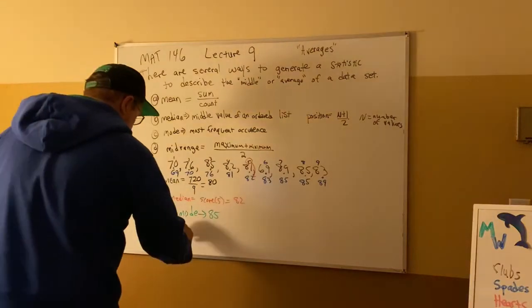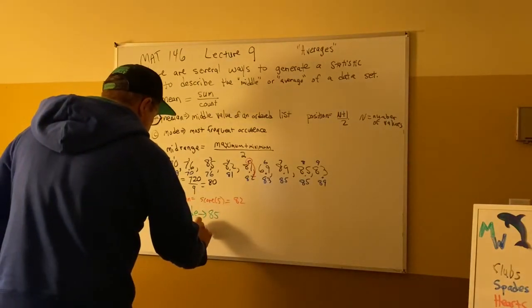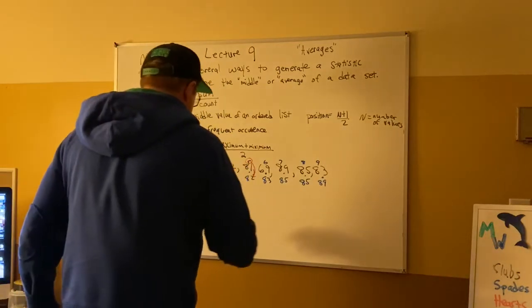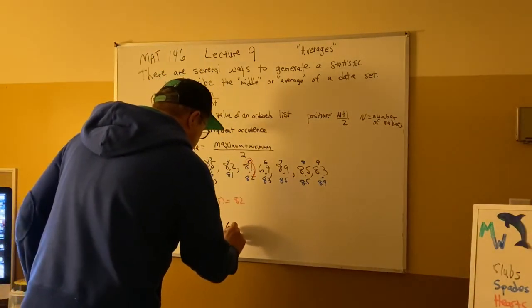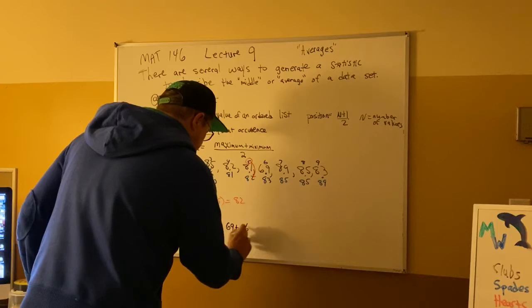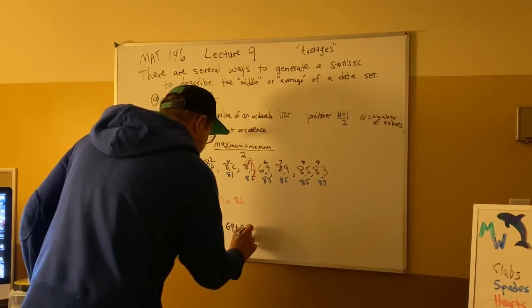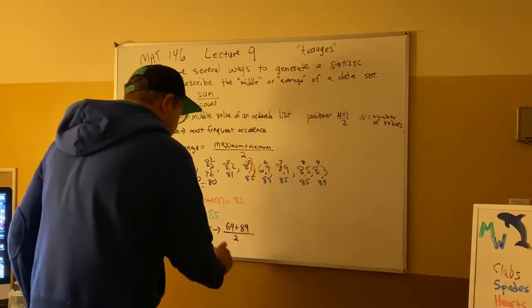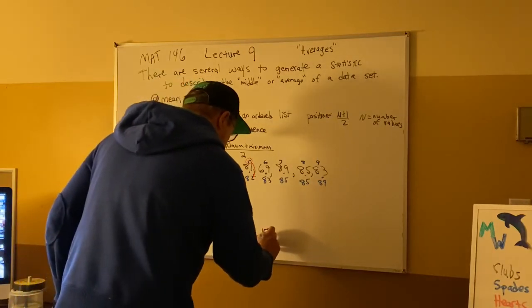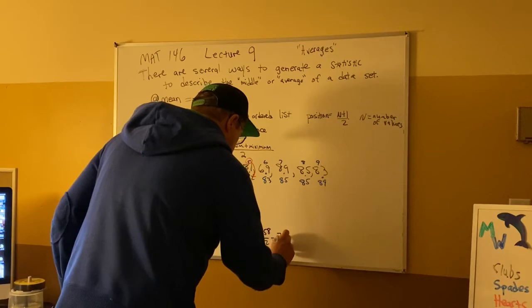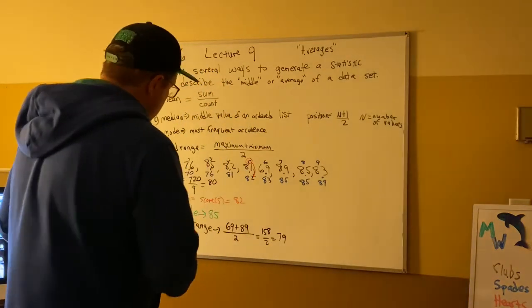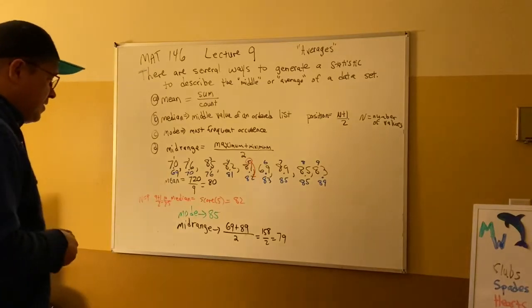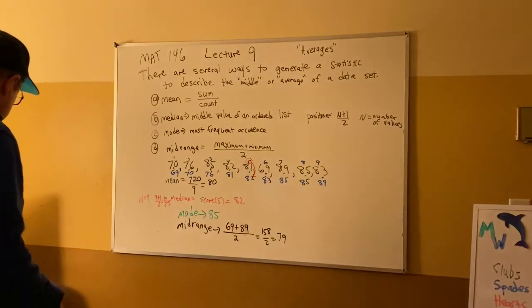The mid-range takes the two extreme values, 69 at the low and 89 at the top, and averages them together. 69 and 89, 158, divided by 2, 79. 79 would be right there. So when you look at the mid-range, the way these are distributed, 79 seems to represent the middle.